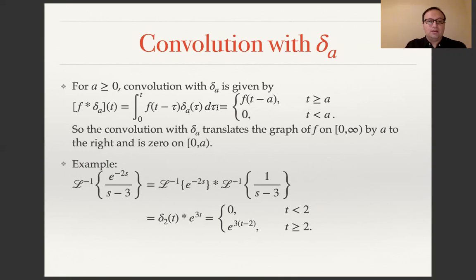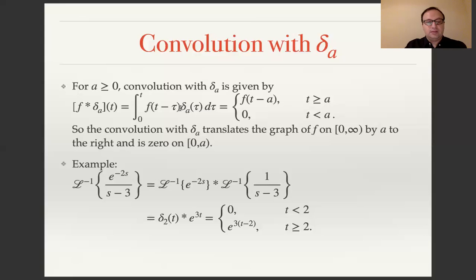So there are two possibilities. Either a is in the interval [0, t], meaning that 0 is less than or equal to a is less than or equal to t, or a is not in the interval [0, t], meaning a is bigger than t.